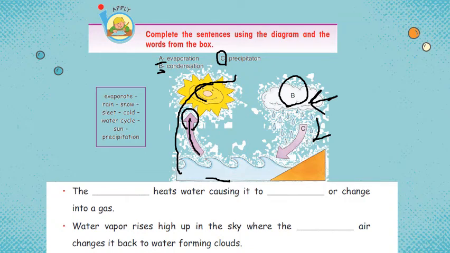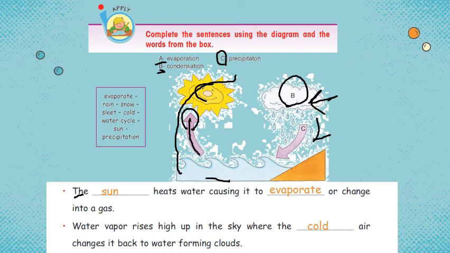Now let's use the words and complete the sentences. The blank heats water. What heats water? Of course, the sun. So the sun heats water, causing it to evaporate, right? Or change into a gas. Then water vapor rises high up in the sky, where the, what did I say?